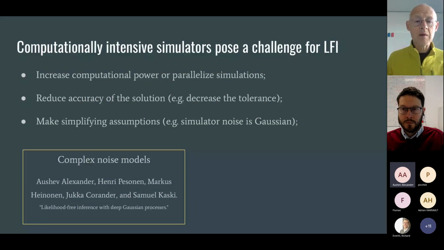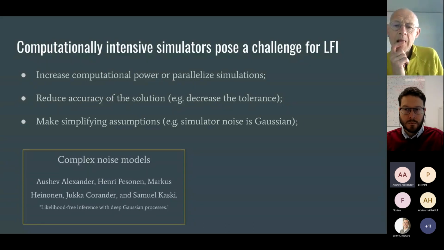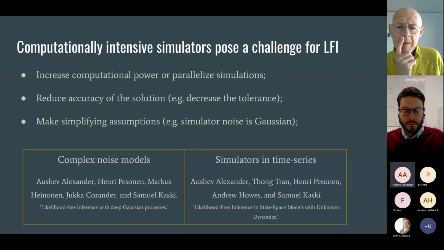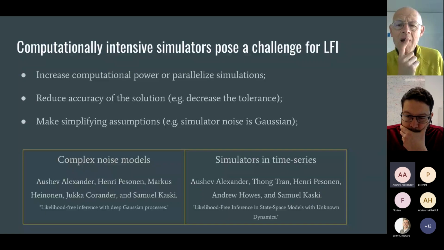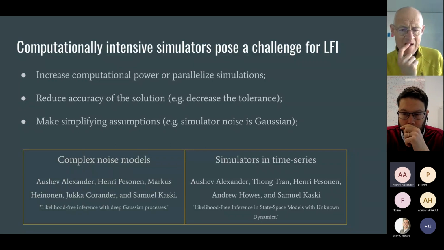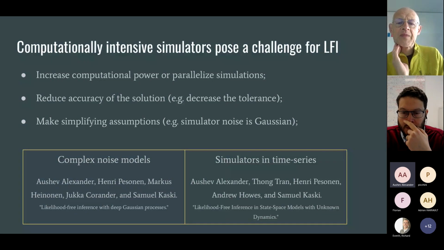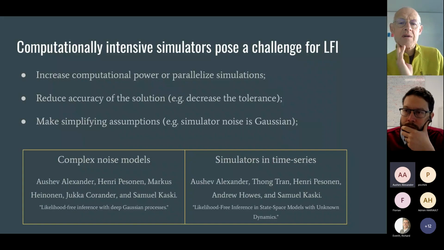As I've already mentioned, this talk consists of two parts. In the first part, I will talk about complex noise, and in the second part, I will be talking about simulators in time series. The overarching topic of this presentation is computationally intensive simulators, so we will talk about these two topics which are important for them.